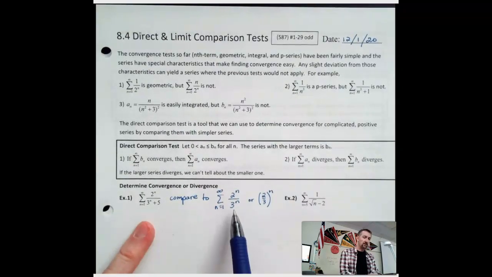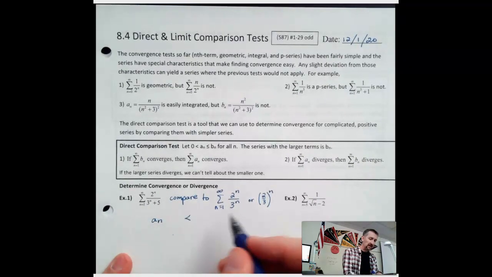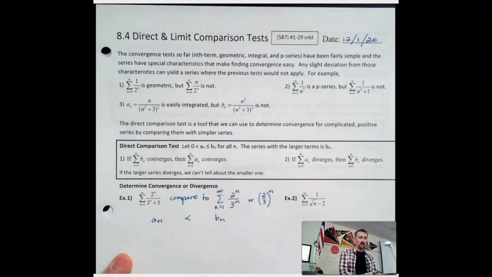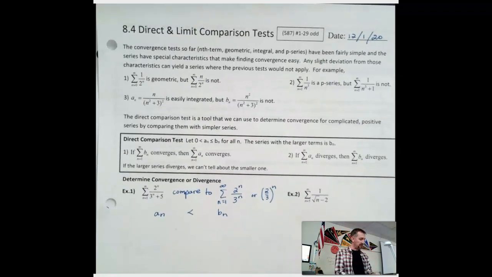If we compare these two, we should see that a_n is going to be less than b_n at all times, because they're the same, except here we're adding an additional 5 to the denominator. So if this was 2/3 and this was 2/3, well, this is going to become 2/8 if we're adding 5 here. So 2/8 is going to be less than 2/3. By adding to the denominator, we make it smaller. So that's less than that.